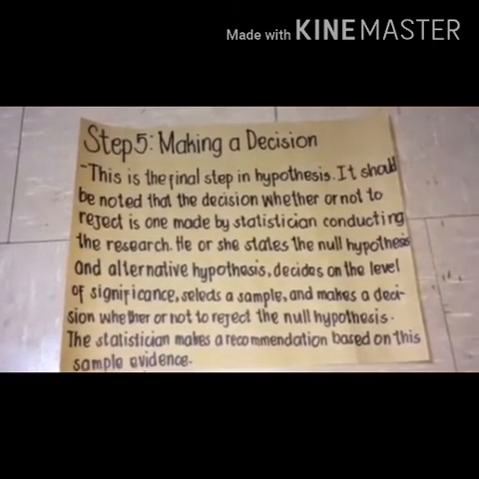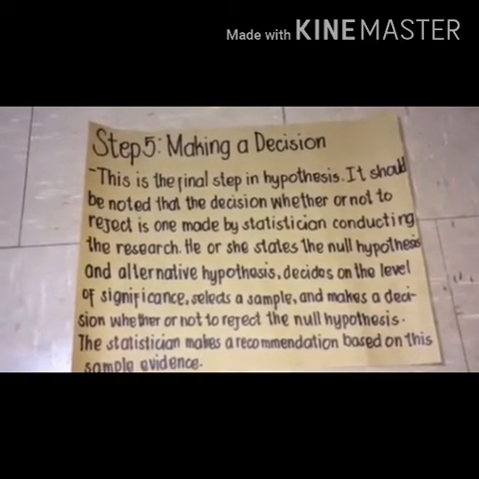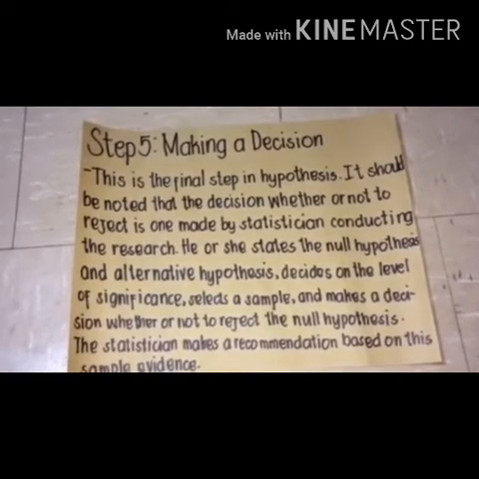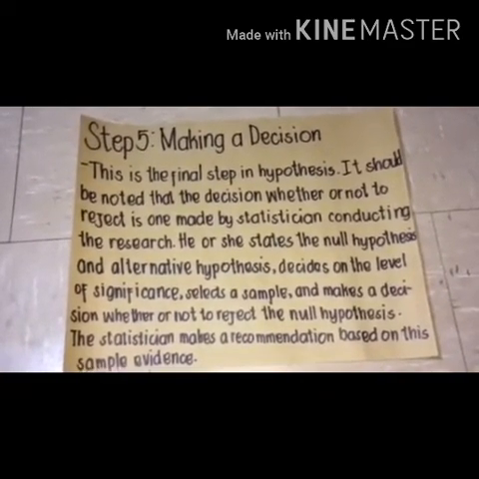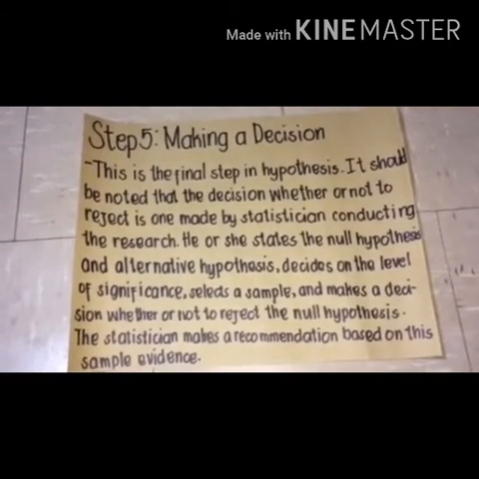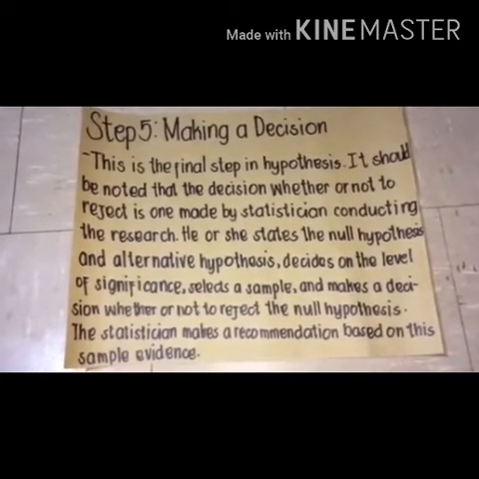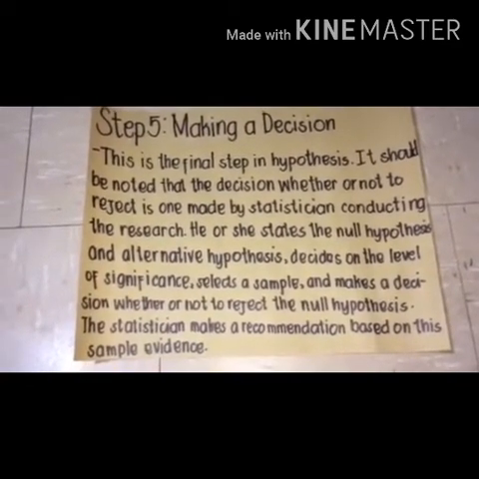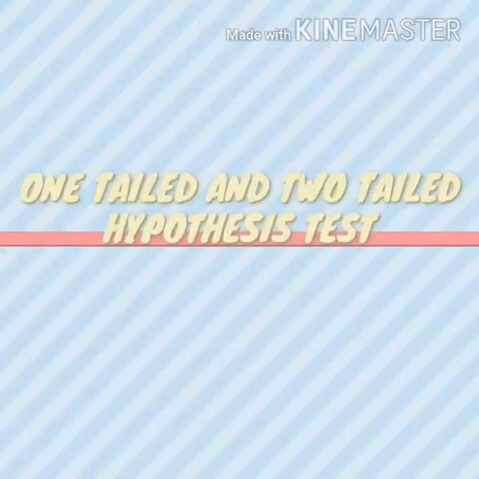So, dito, ipapakilala mo na yung null hypothesis and alternative hypothesis. Magde-decide ka kung whether sa level ng significance, sa pagsi-select ng samples, and pagbuo mo ng decision kung i-reject mo yung hypothesis. The statistician makes a recommendation based on this sample evidence.